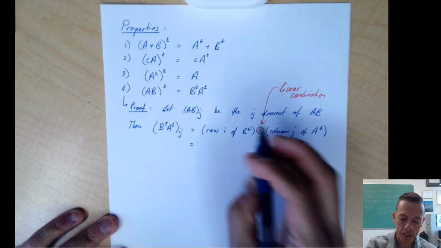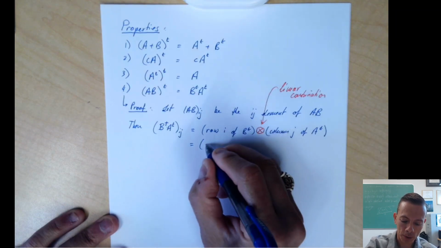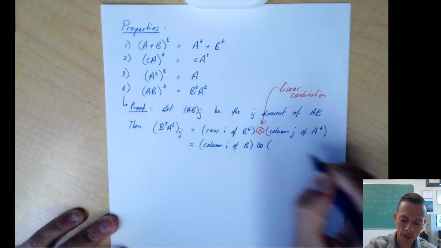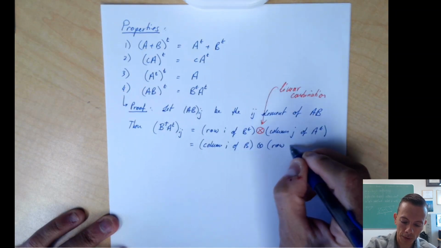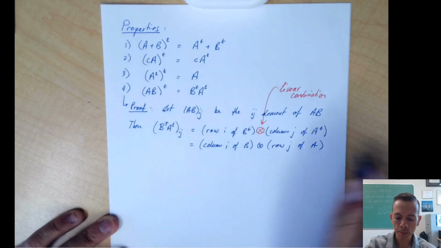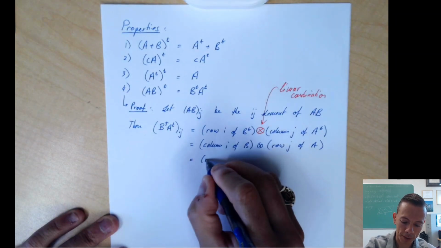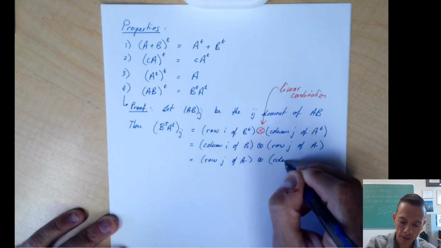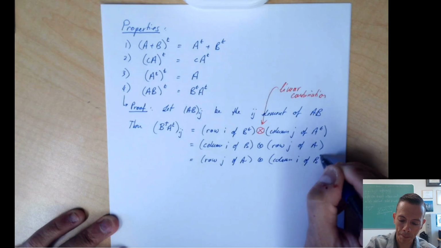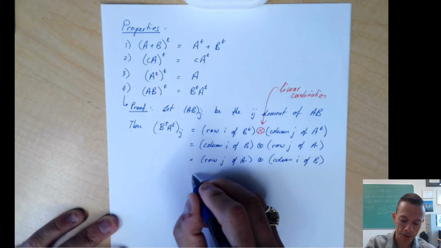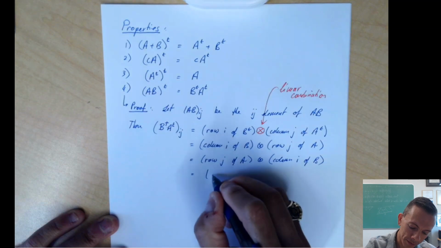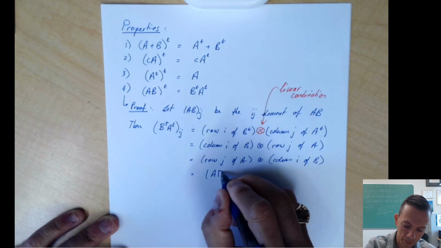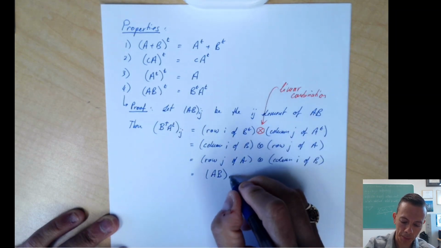Anyway, row I of BT, because it's a transpose, is the equivalent of column I of B, which you combine with row J of A. So these linear combinations are commutative, so you can just write this as row J of A times the column I of B, and this is by definition then the element Ji of the matrix AB.